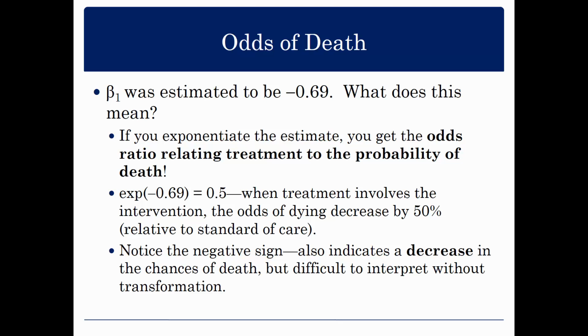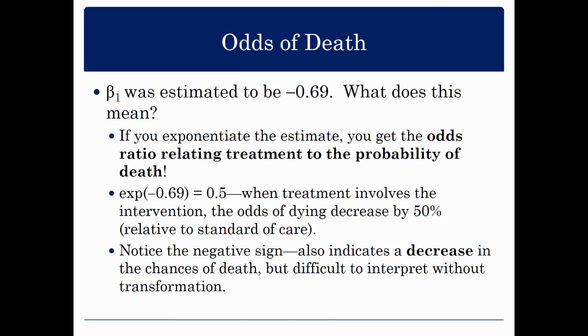E to the negative 0.69 is actually interpretable. That is the odds of dying. So if you exponentiate this, you get the odds ratio relating treatment to the probability of death. So if I know that my reference group is the control, and I exponentiate my slope parameter, I get 0.5, which says when treatment for patients involves this intervention, I actually am in the odds of dying. Oh, hold on.